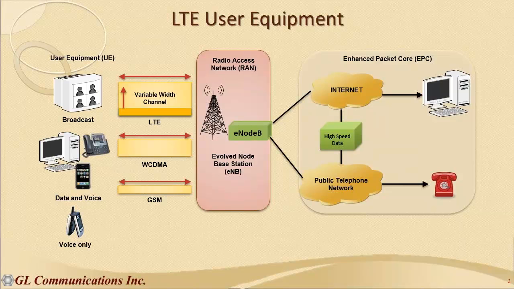Here all the mobile equipment communicates with eNode B and the evolved packet core to provide services. In this picture we can also see that it is backward compatible with GSM and UMTS. So with this introduction, we'll go to the LTE test solutions.